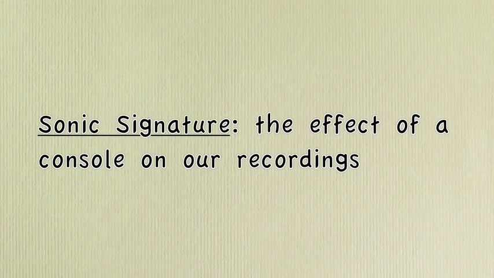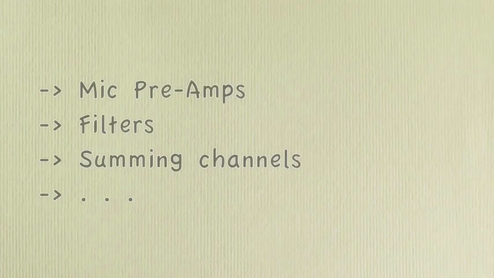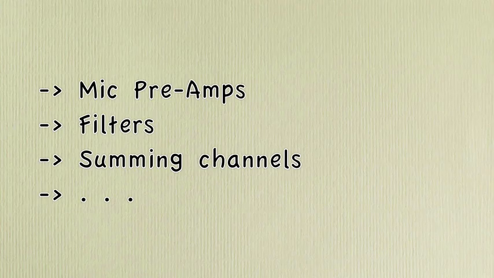Another reason that makes expensive consoles so important is their effect on our recordings, or as many refer to it, its sonic signature. Parts of a console that are responsible for this are microphone preamps, filters, summing channels, and many others.